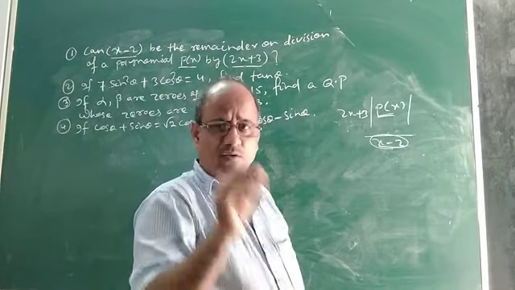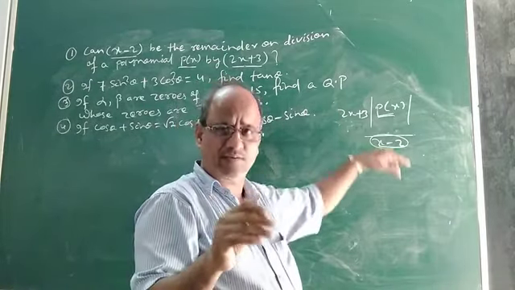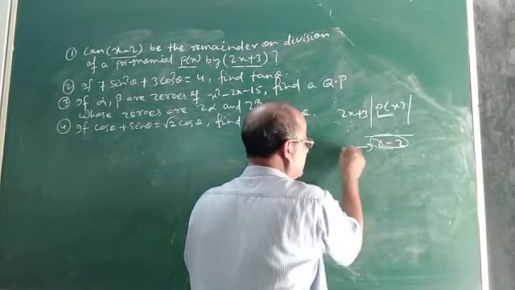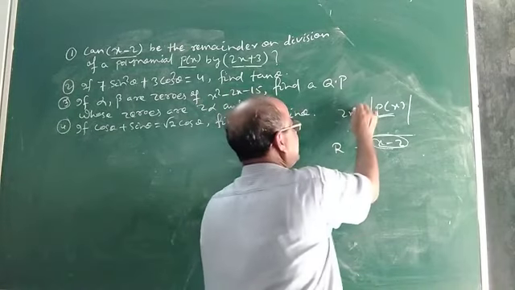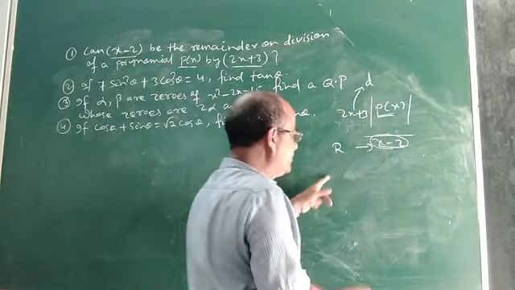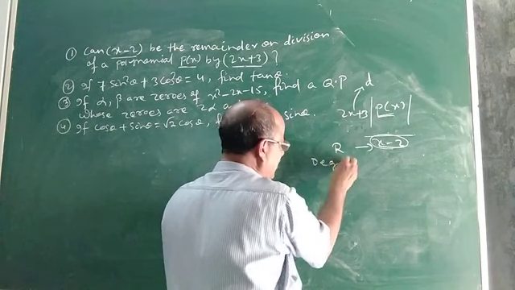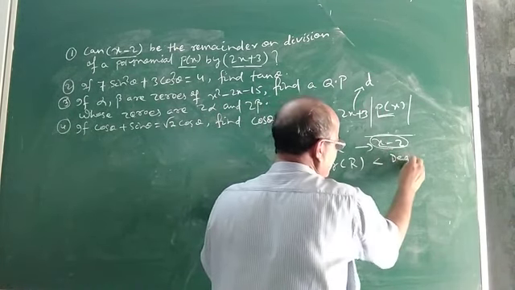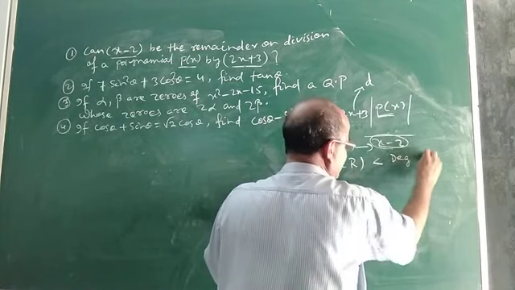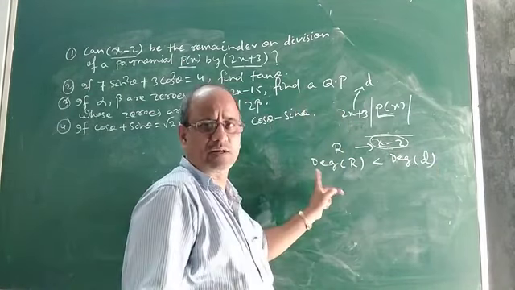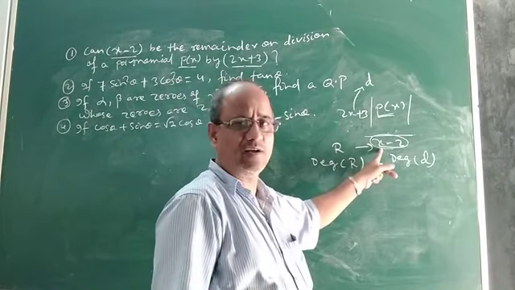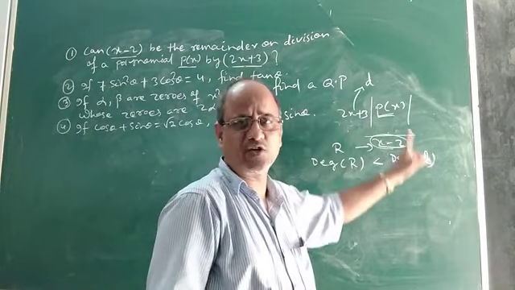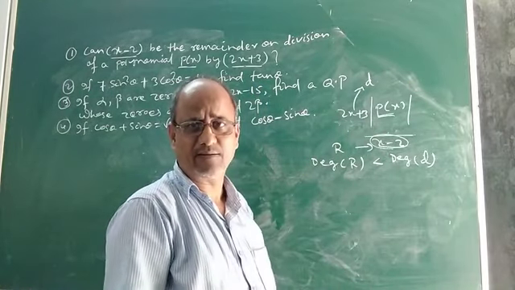Children, while discussing the division algorithm, you must have known that the degree of the remainder is always less than the degree of what? Your divisor. The degree of the remainder should always be less than the degree of the divisor.